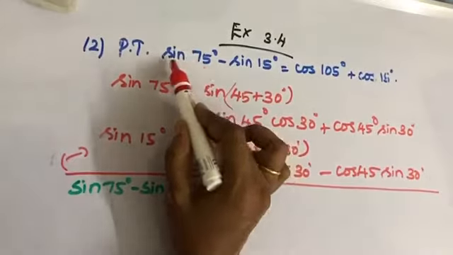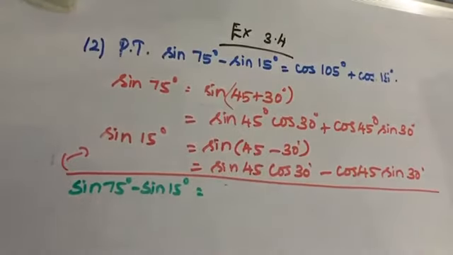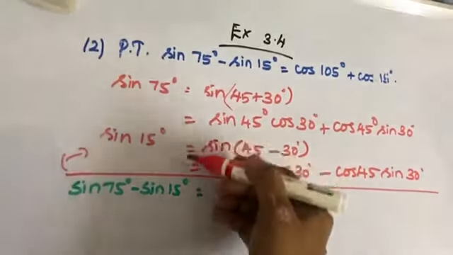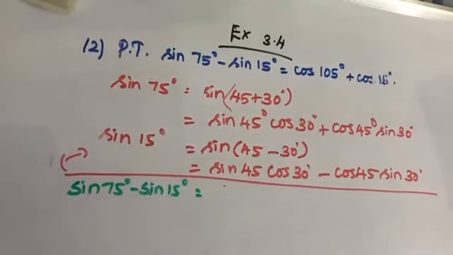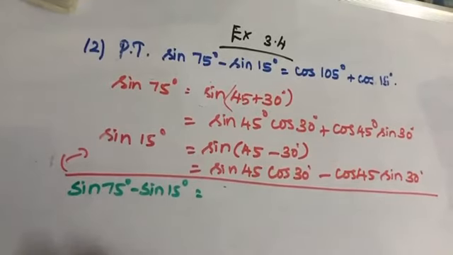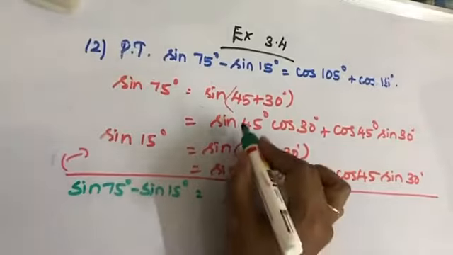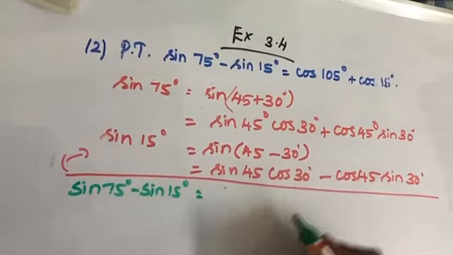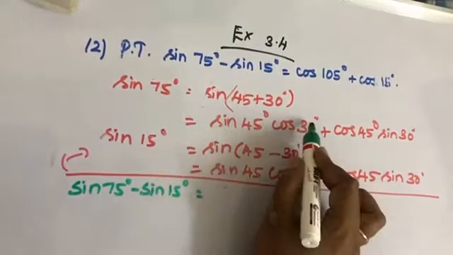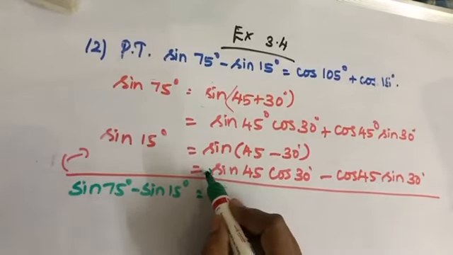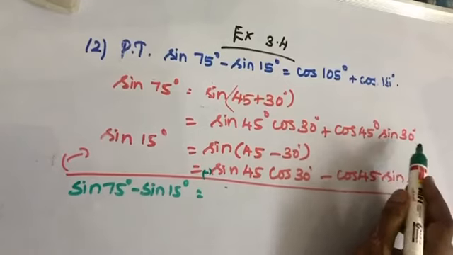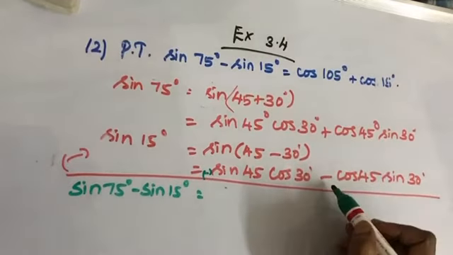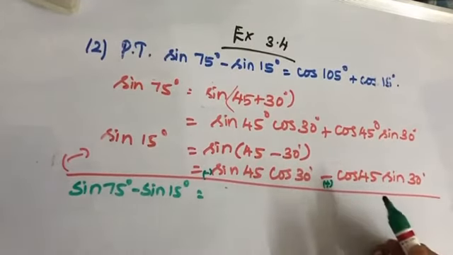Now, we have sin 75 minus sin 15. We are going to subtract these two equations. While subtracting, this will be minus and this will be plus. So, sin 45 cos 30 minus sin 45 cos 30 will get cancelled. Here cos 45 sin 30 will also become plus, since while subtracting we change the sign.